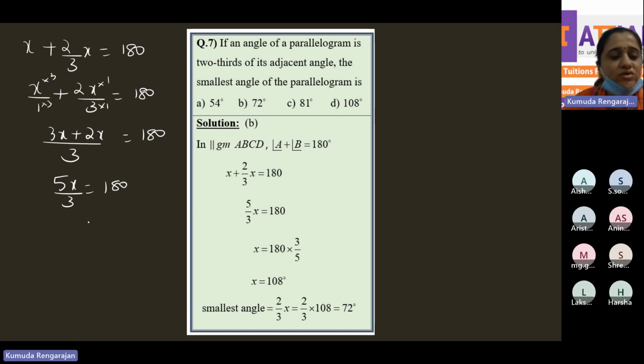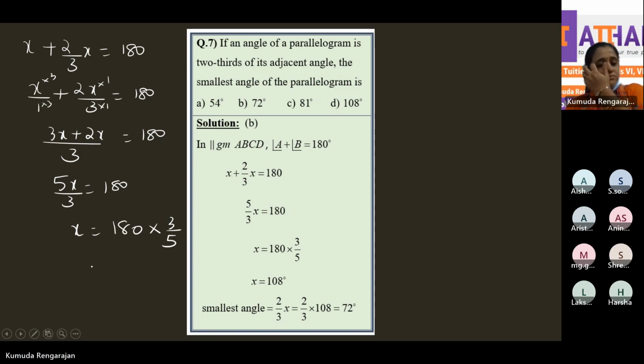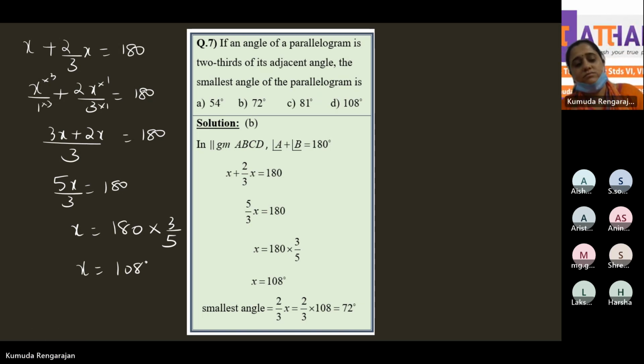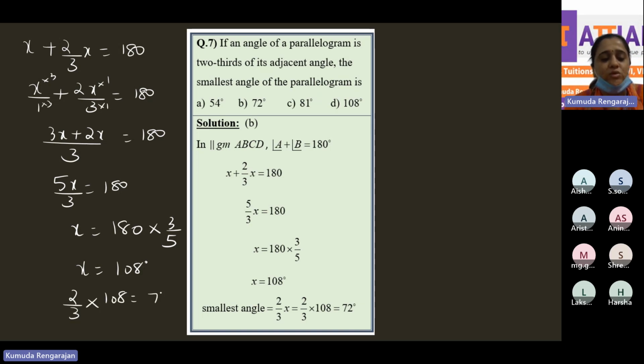So 5/3 goes to the other side as 3/5. x is equal to 108 degrees. So then find the other angle, 2/3 x, 2/3 into 108, which is 72 degrees.